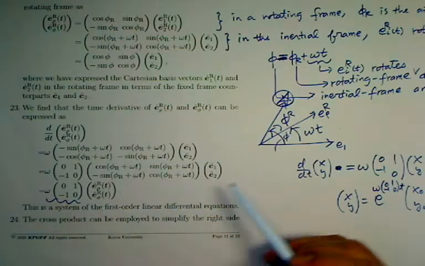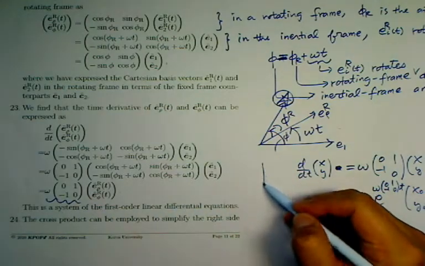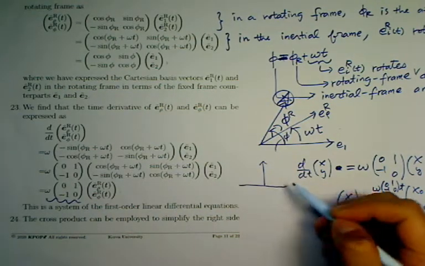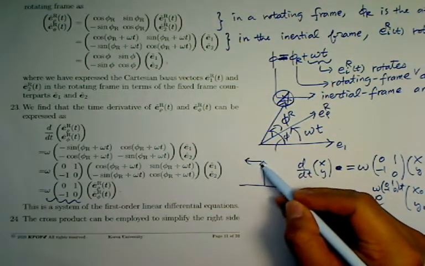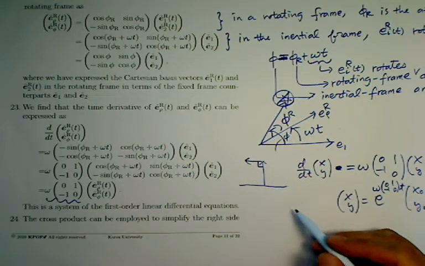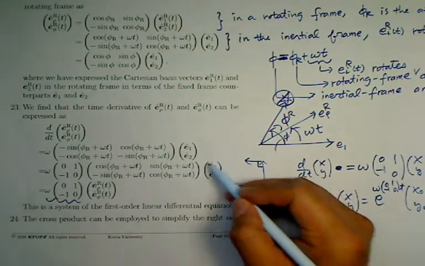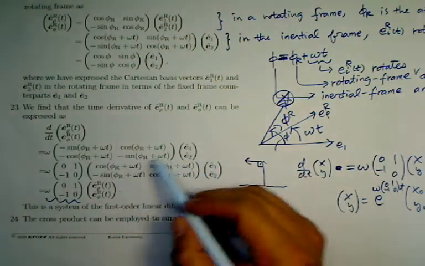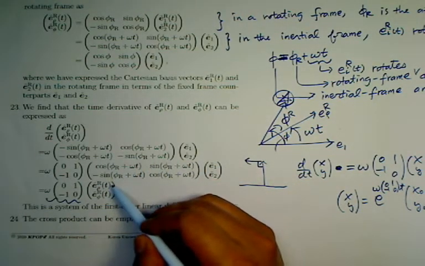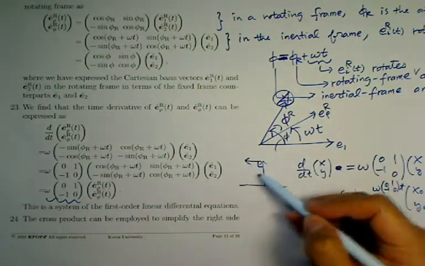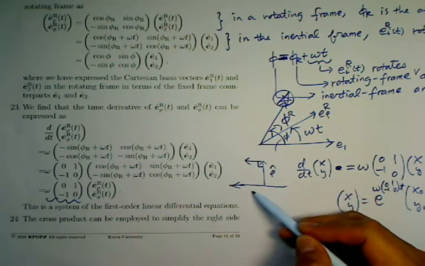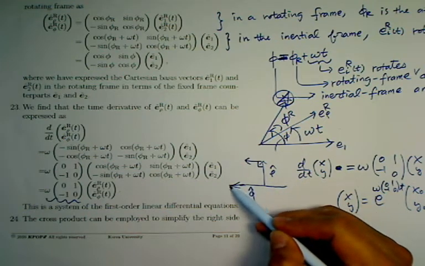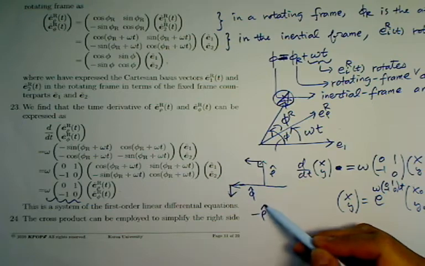We already know that if I rotate in this way, the variation will give this tangential direction. So the tangential direction of rho is the phi direction, and the tangential direction of phi is minus the rho direction, right?